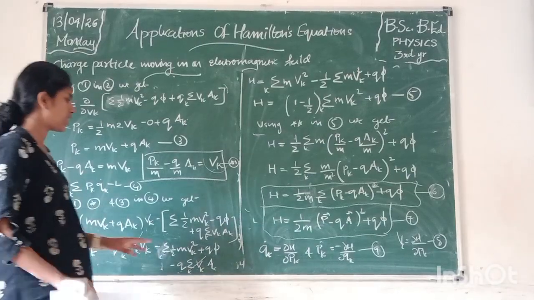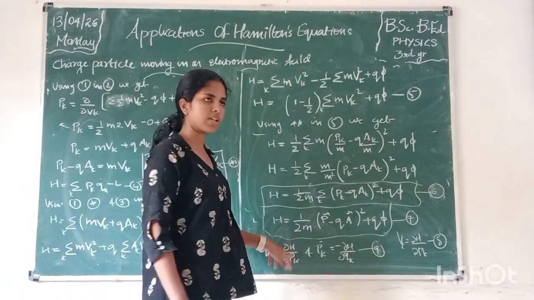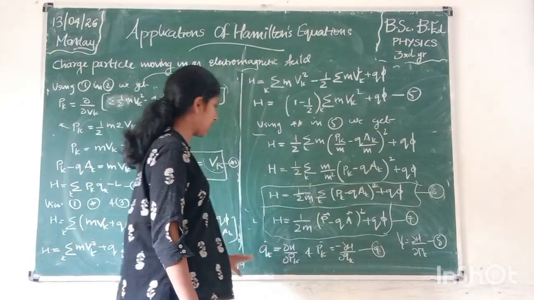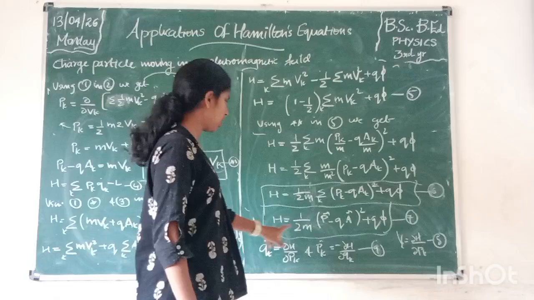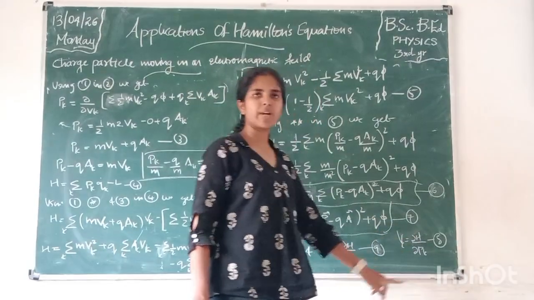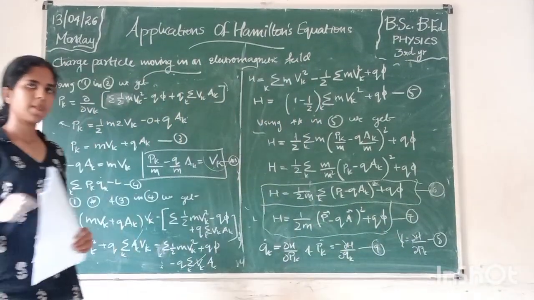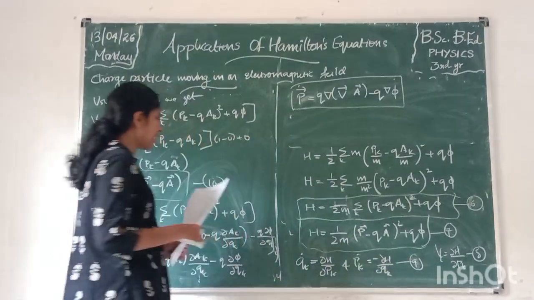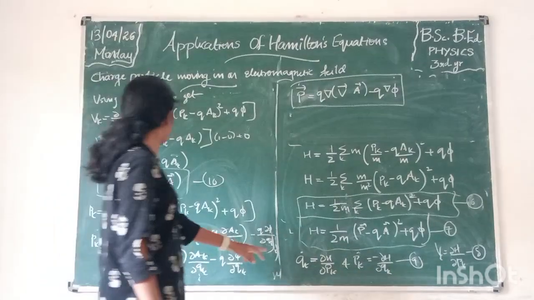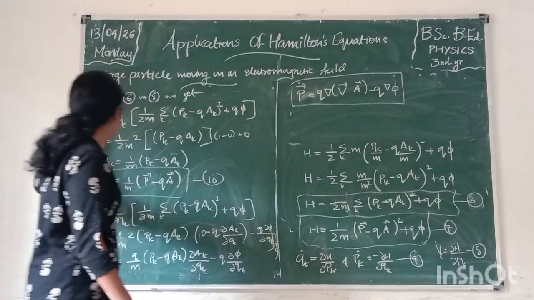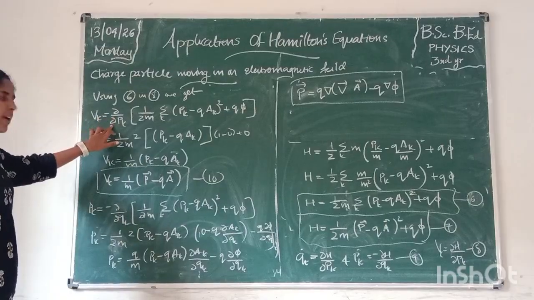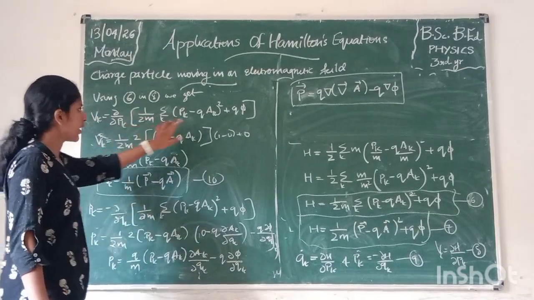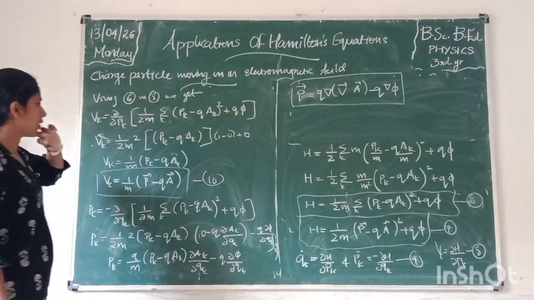So Hamilton's equations are qk dot is equal to dou H by dou pk, and pk dot is equal to minus dou H by dou qk. And here vk is equal to dou H by dou pk. Okay. So this is the Hamilton equation, and from here we have to find vk. vk is equal to dou H by dou pk, and H we already know that we substituted.